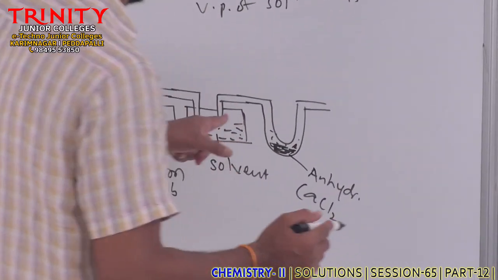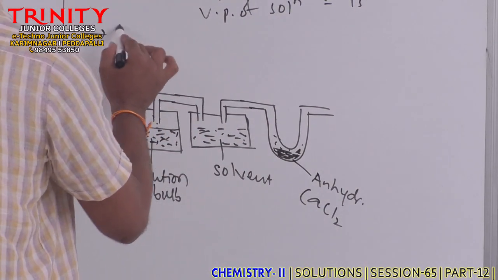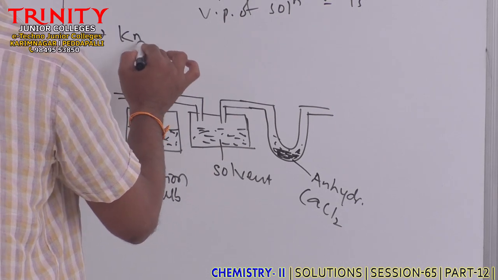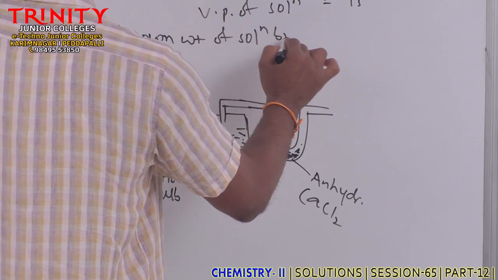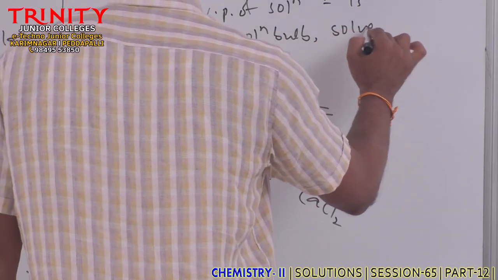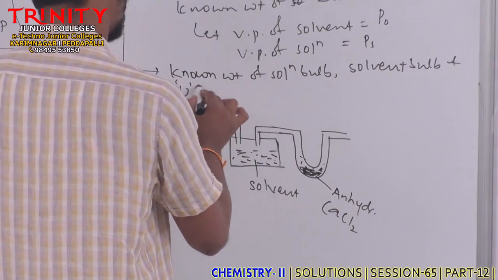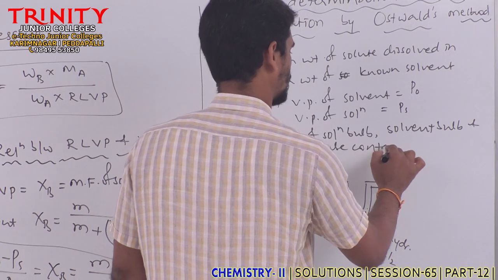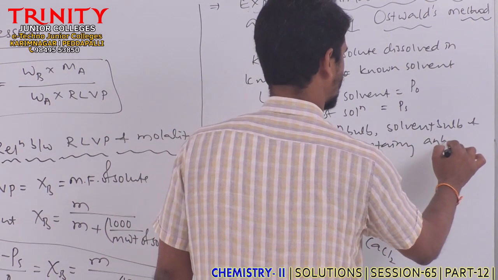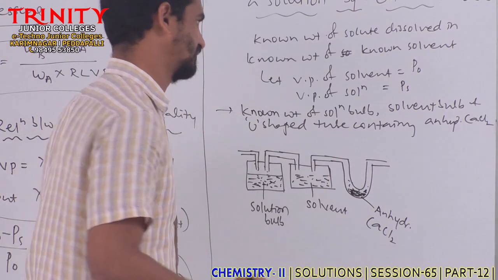In this experiment, the known weight of the solution bulb, the solvent bulb, and the U-shaped tube containing anhydrous calcium chloride are connected in series.